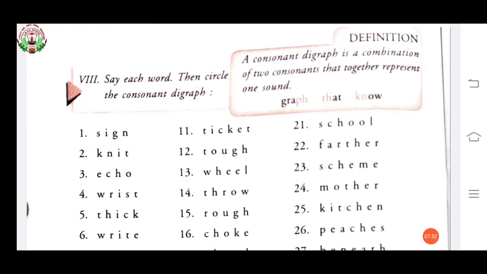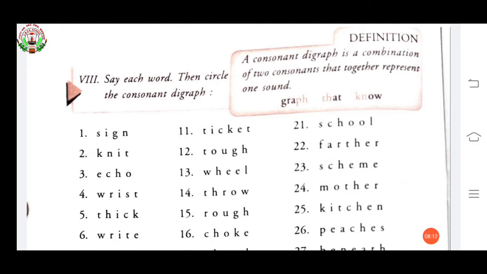Now see your 7th, 8th exercise. Say each word, then circle the consonant digraph. First you have to understand what a consonant digraph is. Here the definition is given.